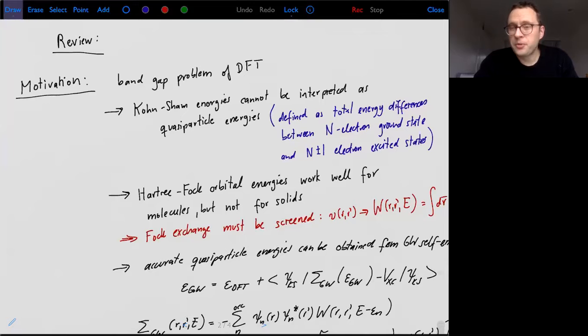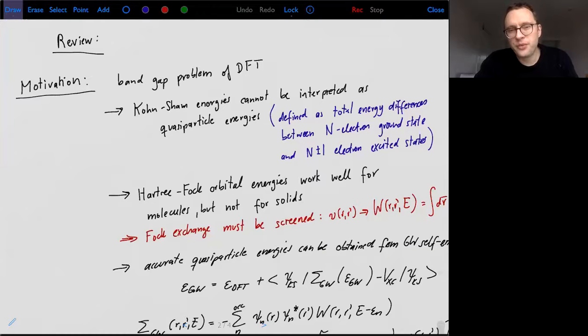When you interpret these Kohn-Sham energies that you get out of a DFT calculation as quasi-particle energies, and we define the quasi-particle energy to be a total energy difference between an n-electron ground state and an excited state with one extra or one less electrons, which is precisely what is measured in a photoemission experiment, for example.